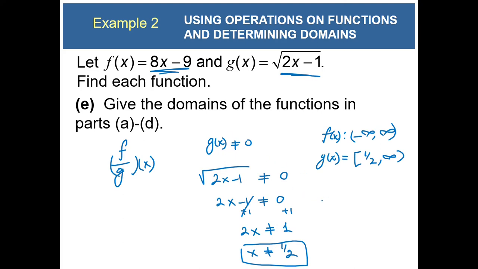So the domain of f divided by g of x has to not include 1/2, but be the intersection of f and g. So their intersection excluding x equals 1/2 is equivalent to the interval parentheses 1/2 comma infinity. We cannot include the 1/2, so we'll put a parenthesis around it. So this is the domain of f over g of x.